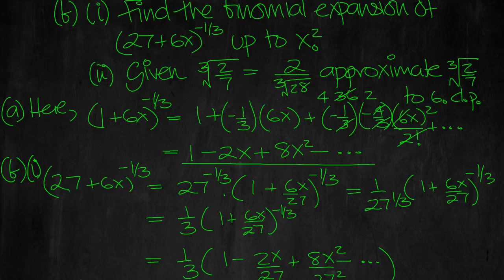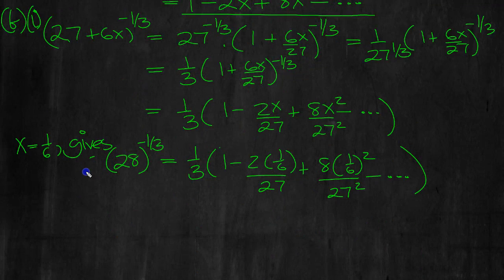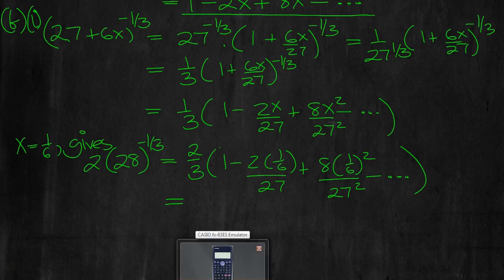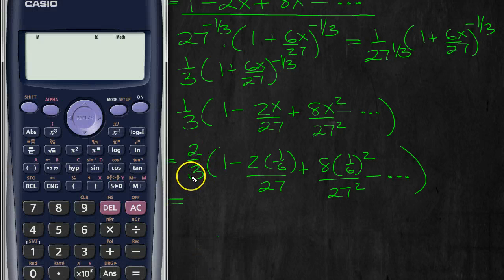2 over the cube root of 28. So 2 over that will equal 2 lots of that. I'm going to put that in straight away, and now we can just tap it in the calculator. So we've got 2/3, so 2 divided by 3 times the bracket: 1 minus 2, and the 6 can come underneath, so it's divided by bracket 6 times 27.